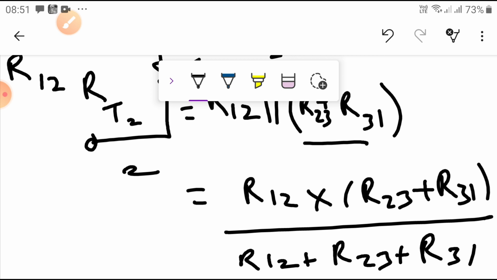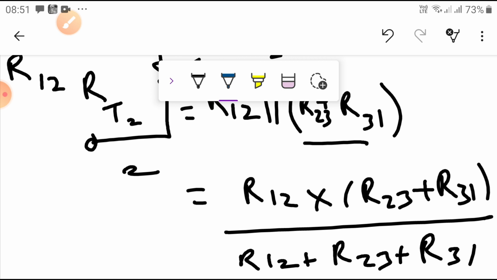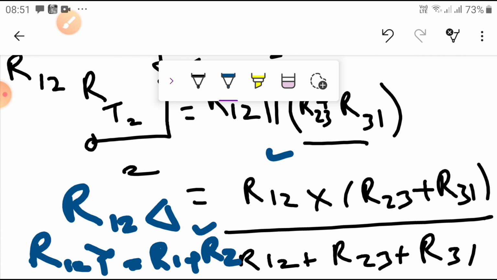This is the resistance between node 1 and node 2 in delta, equal to this much resistance, whereas R12 in star is simply R1 plus R2. So whatever the R1, R2 is converted to this value, a simple conversion across the 1 and 2 terminals.